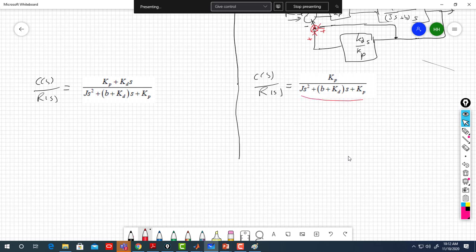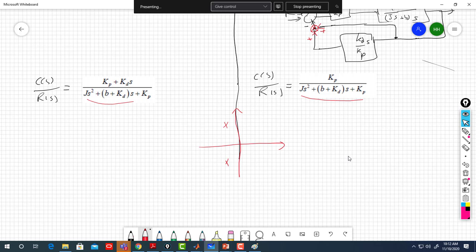This and this have the same pole, same denominator. So my closed loop poles for the system are the same. But the only thing is, in here you have 0, in here you don't have 0.